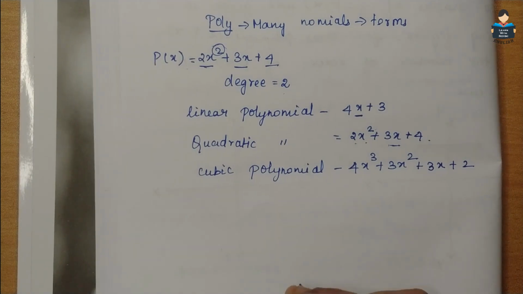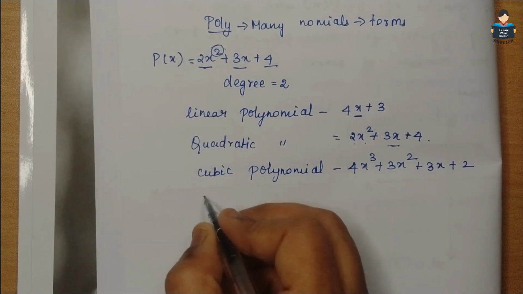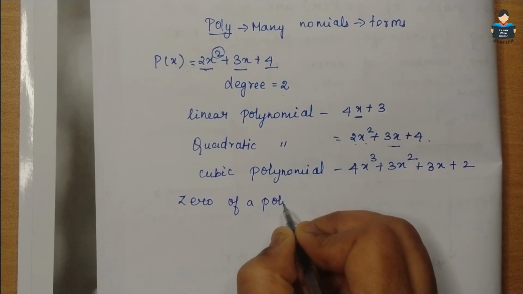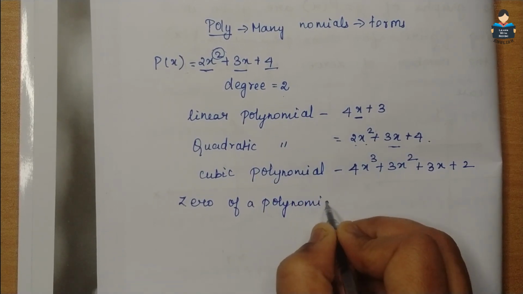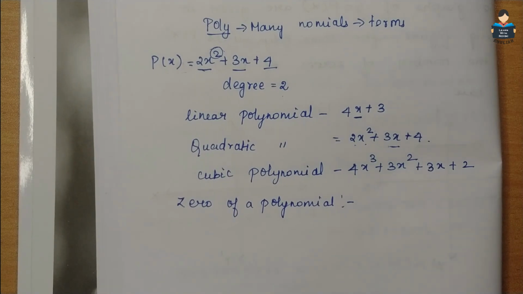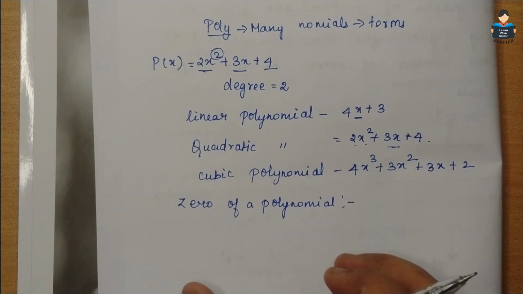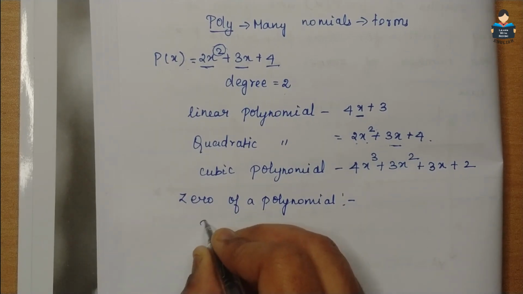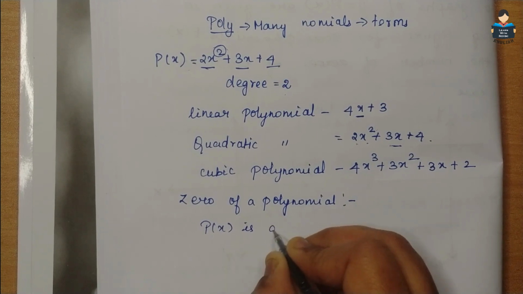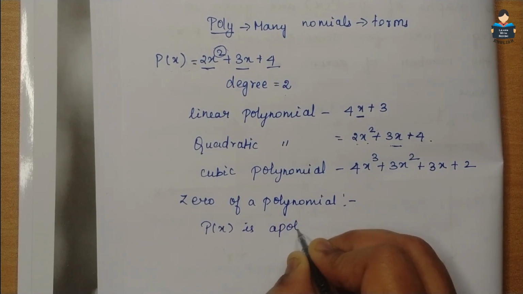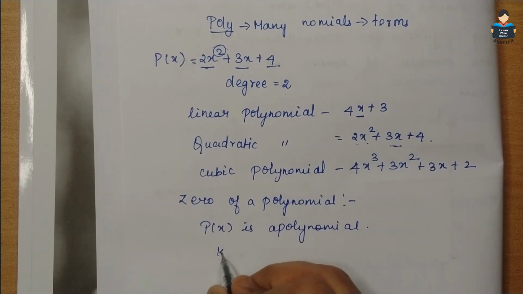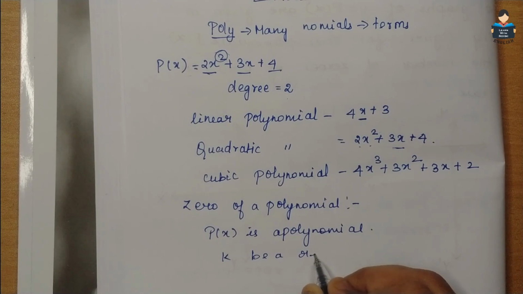So next we are going to learn about the zero of a polynomial. We know that p of x is a polynomial and k is a real number.